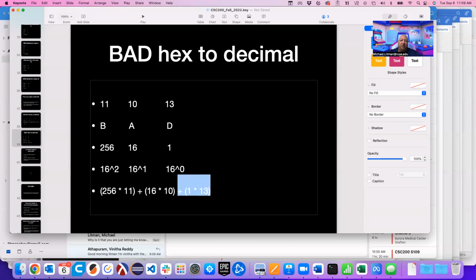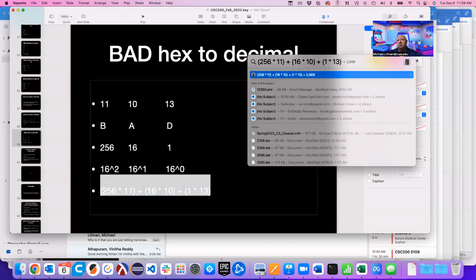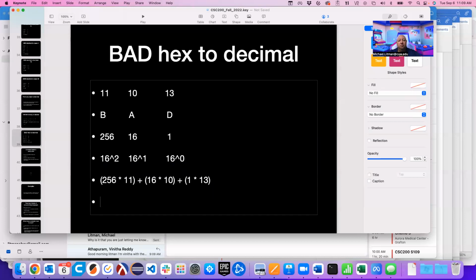And this should give us 2989. It's the decimal equivalent. There's our 2989. All right, make some sense?